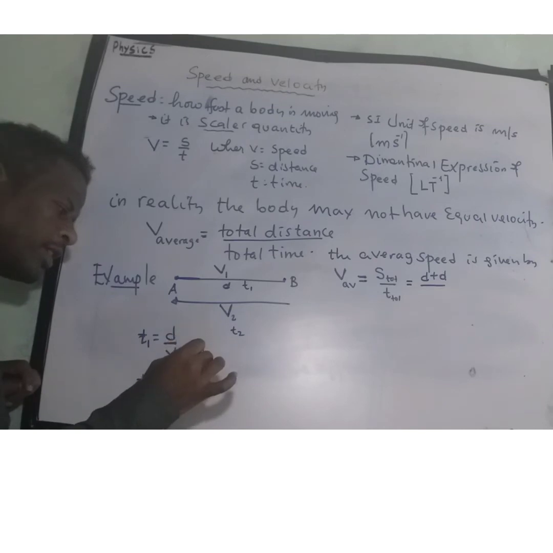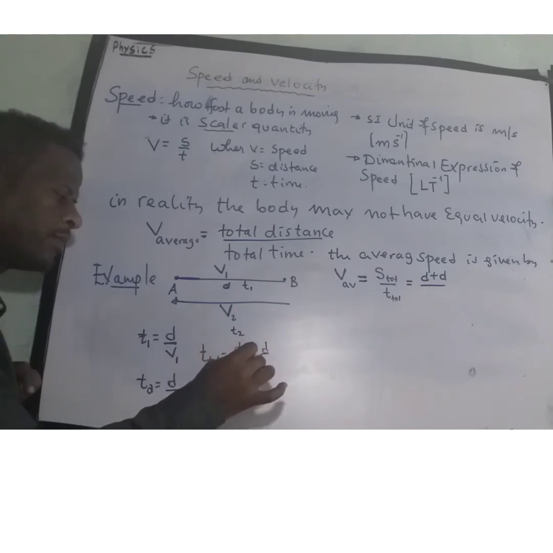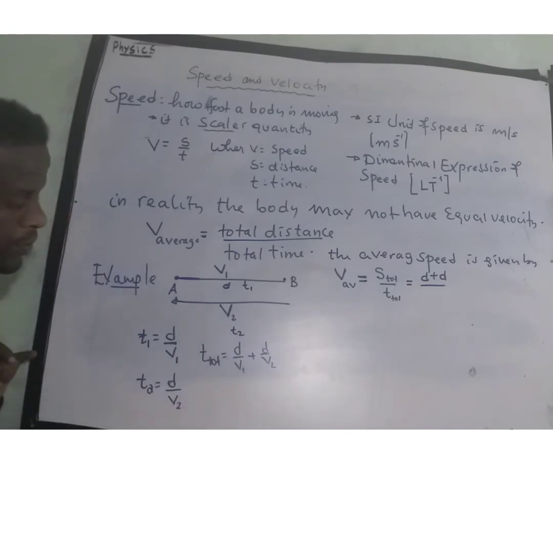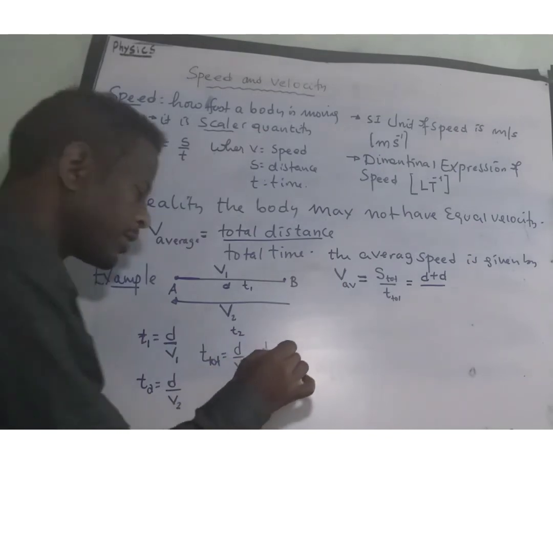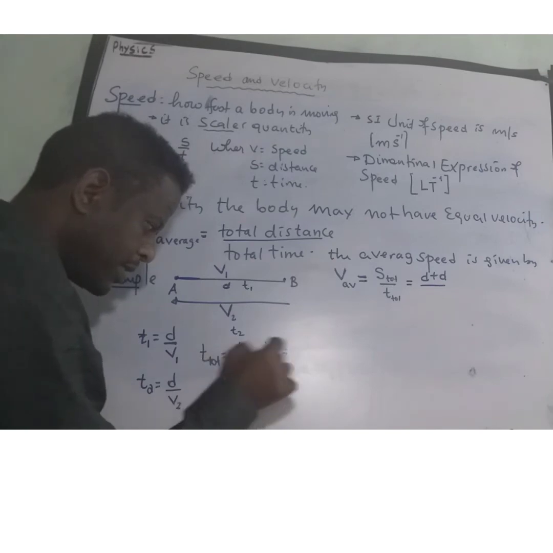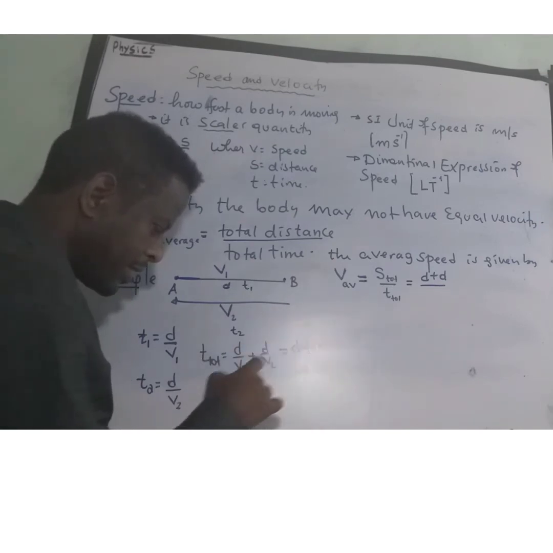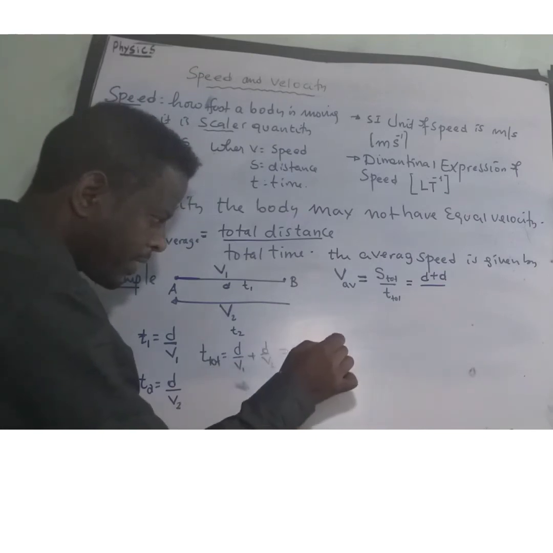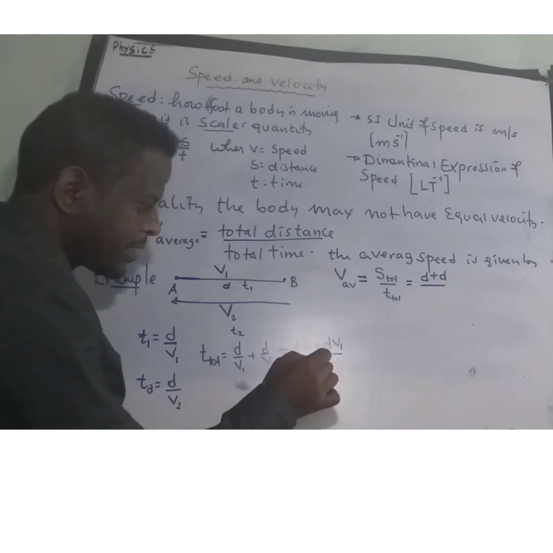Therefore, the total time t total equals d over v1 plus d over v2, which equals d times v2 plus d times v1 over v1 times v2.